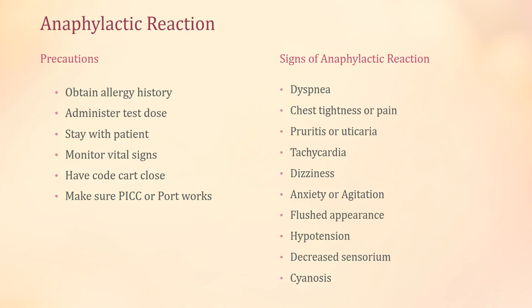There's nothing worse than having a patient code and then having 2 or 3 IV access sites and none of them work. Signs of anaphylactic reaction are shortness of breath, chest tightness or pain, pruritus or urticaria, tachycardia, dizziness, anxiety or agitation, flushed appearance, hypotension and decreased sensorium, and cyanosis. Essentially, they stop breathing, the heart stops, and everything just stops.